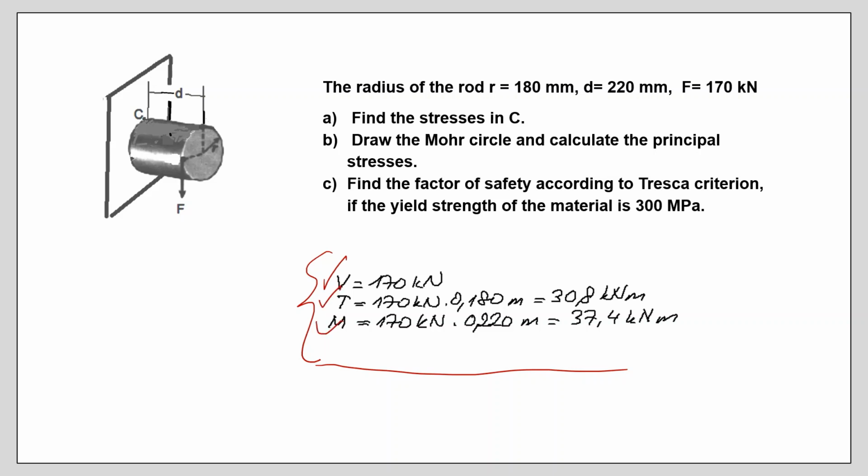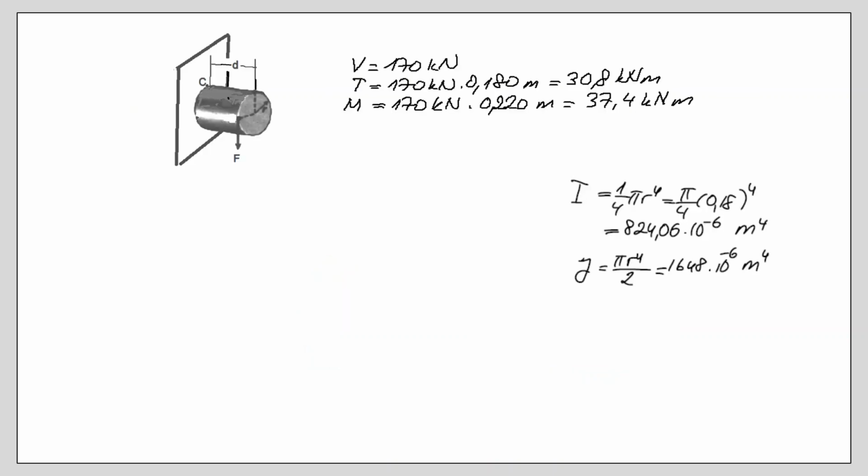So now we can start to find the stresses. First, we calculate the section properties. I need the area, I need the moment of inertia, polar moment of inertia for torsion calculations, and start with the tau values, shear stresses.